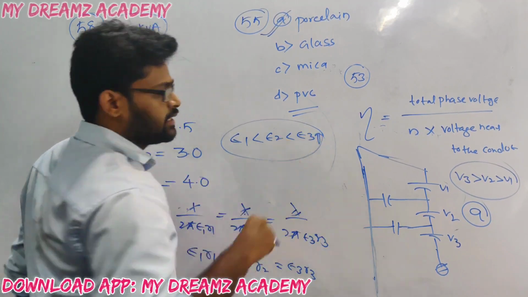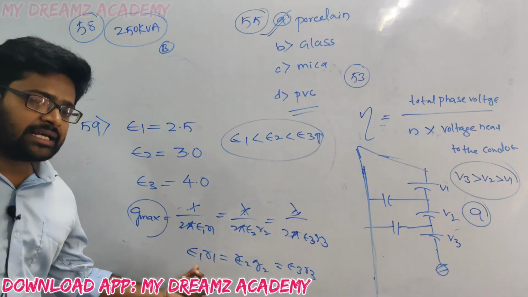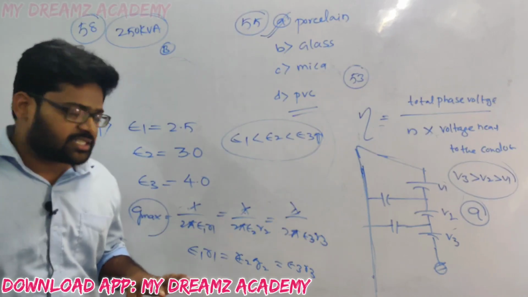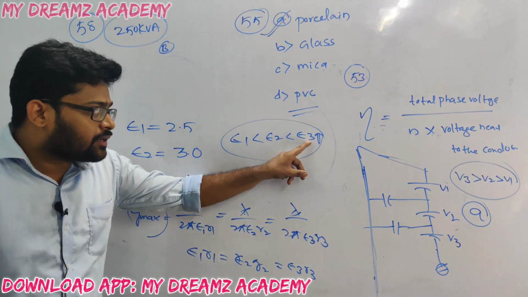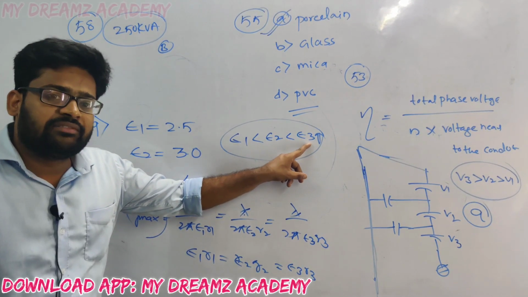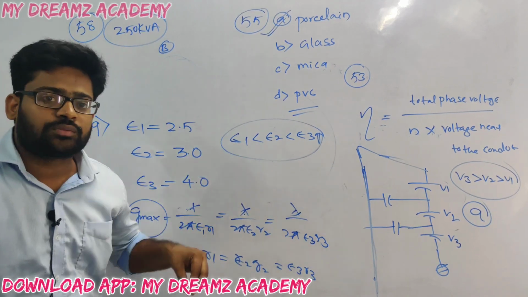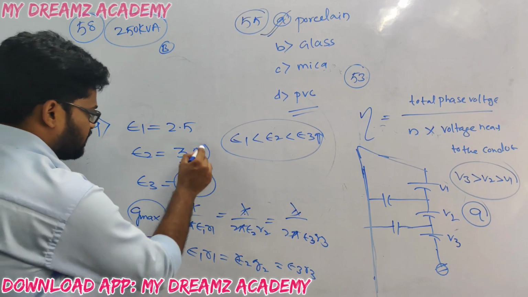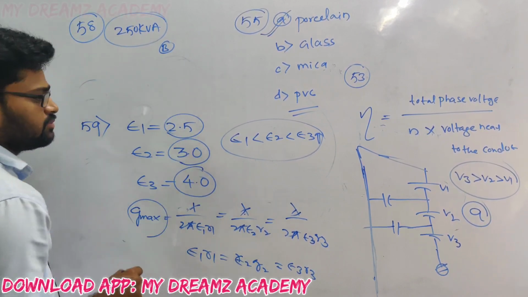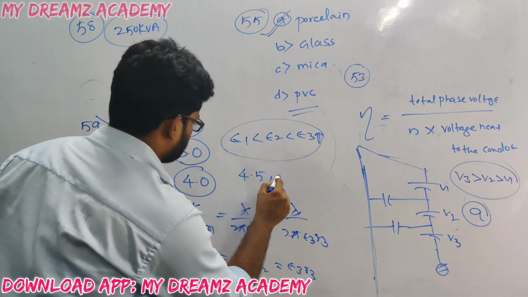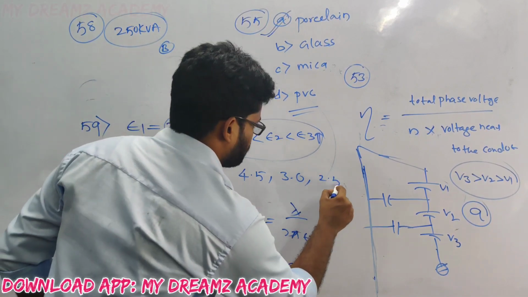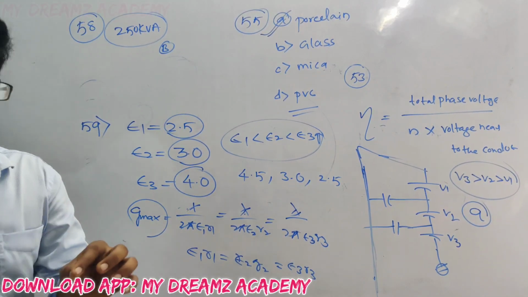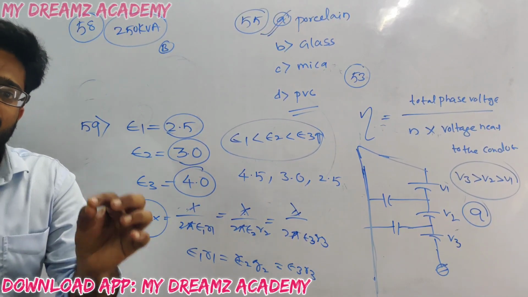Okay, so in order to maintain the maximum stress constant, we need to keep the higher permittivity material nearer to the core. So we keep this one first, then this one next, then this one like this. So 4.0, 3.0, 2.5 in order to maintain the same maximum working stress.